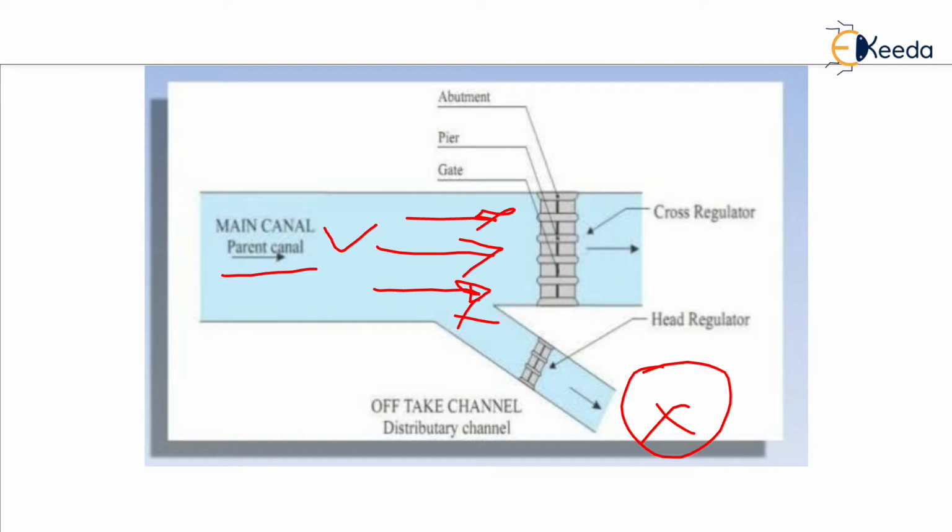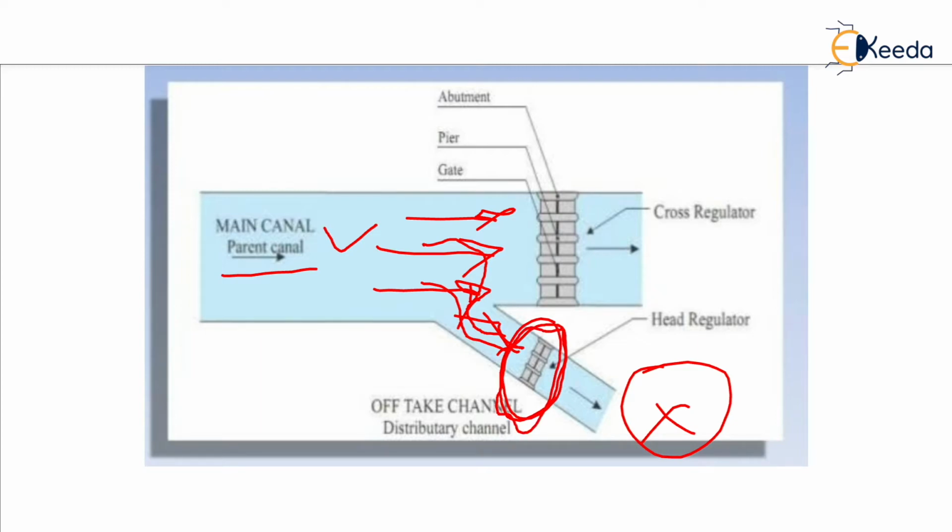Once the water reaches here, because of that obstruction, the regulator controls the water and helps to increase the water level, so that after increasing, the water easily moves and is easily diverted through this off-taking channel, or through the distributory channel. After reaching here, here is the head regulator.